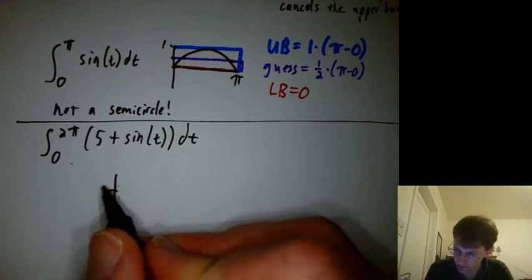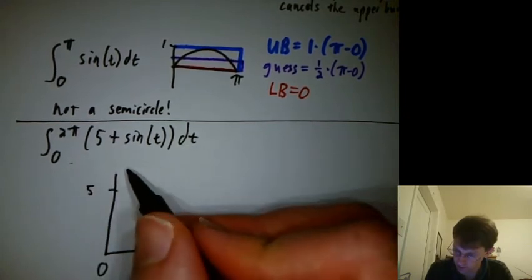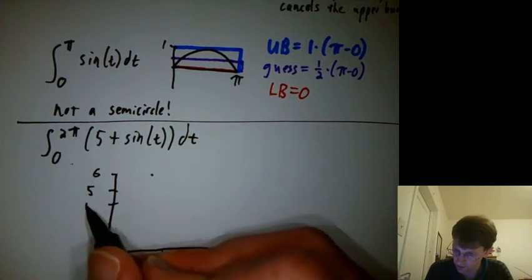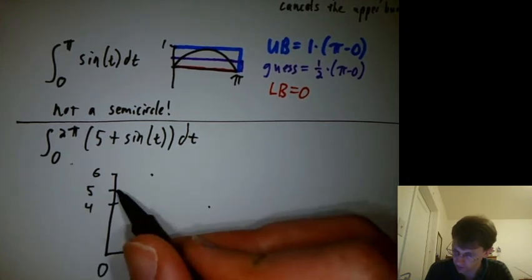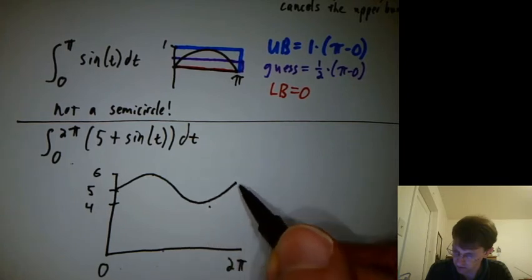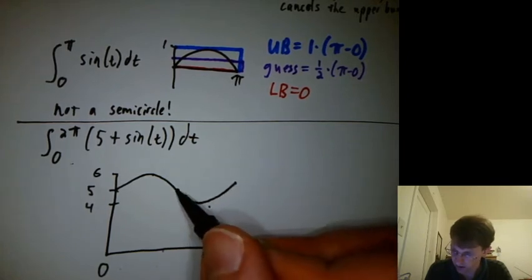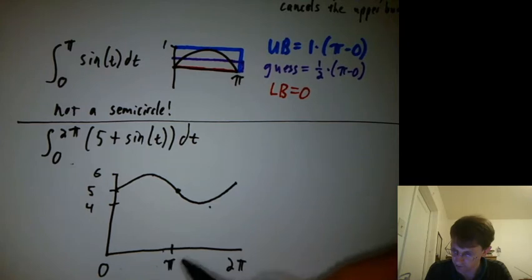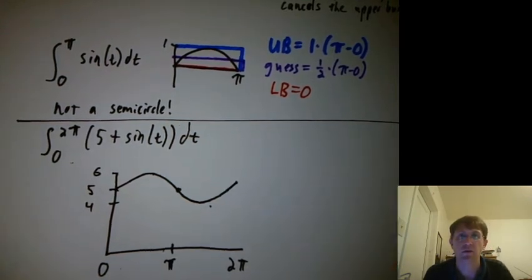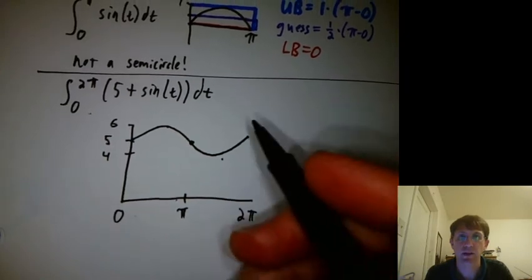So it'll start here at 5, it'll go up to 6 around there, and it'll come down to 4 around there. And here's pi. What can we do to talk about the area of this?